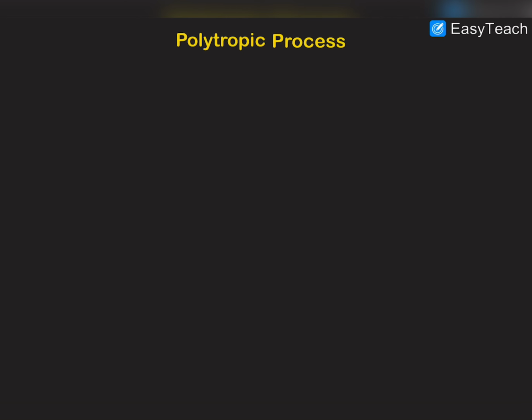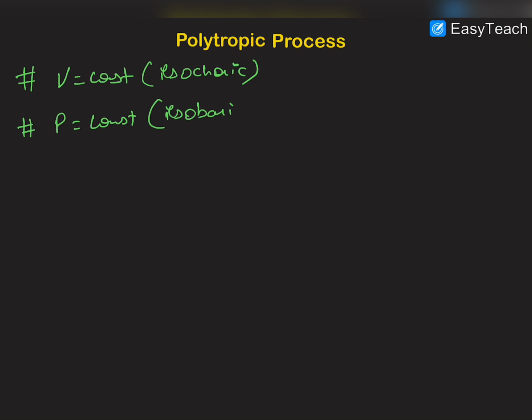In this video, we are going to discuss the polytropic process. Now what is polytropic process? We have already studied the process where V is constant. This is isochoric process. Then we studied P is constant. This is isobaric process.